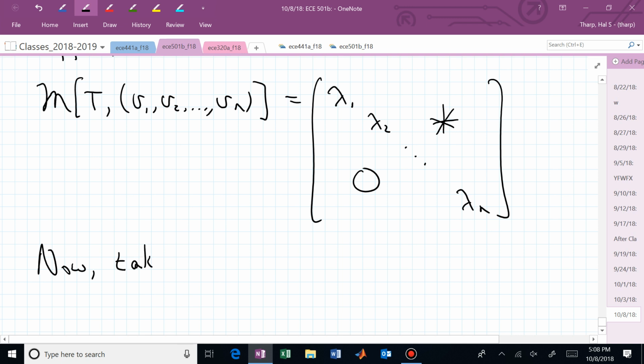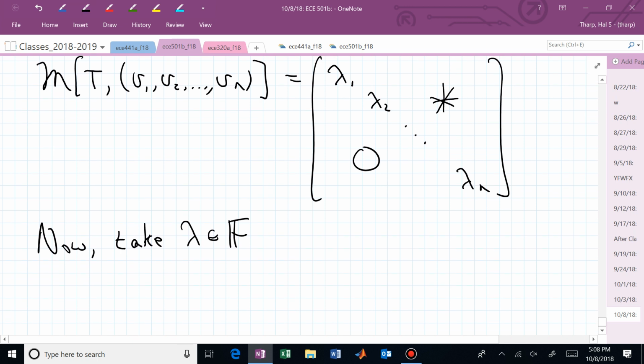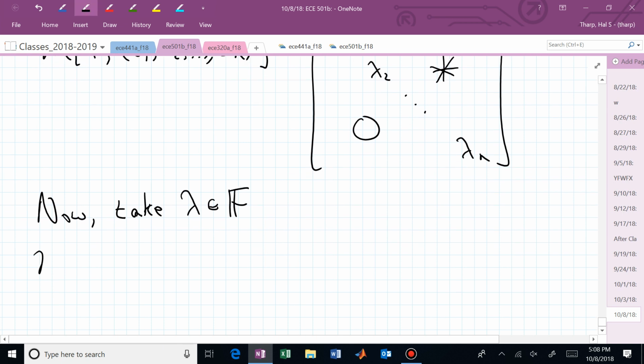Let's now take a scalar variable lambda in our field, and let's look now at the matrix representation of the operator T minus lambda I over that same basis.